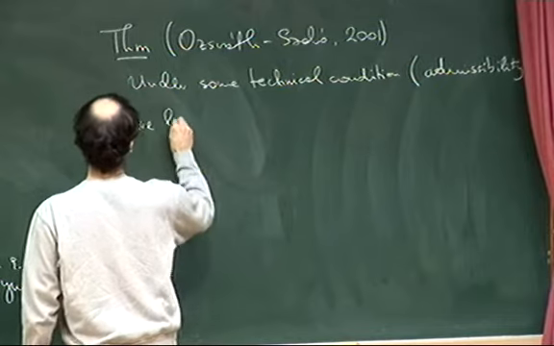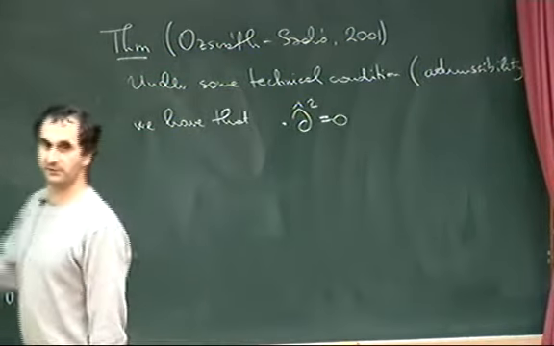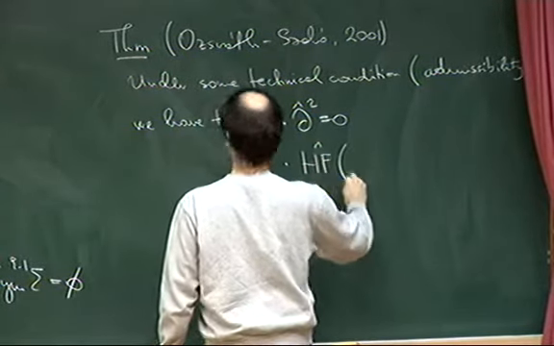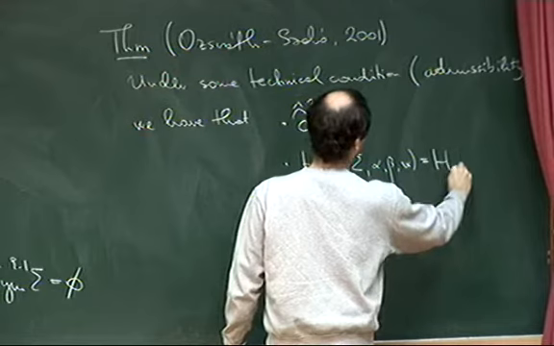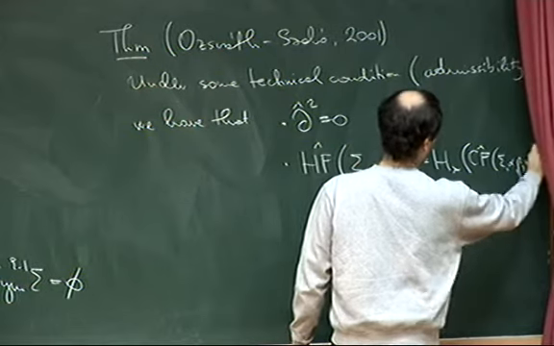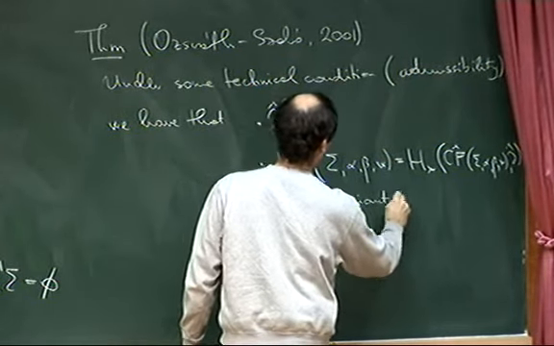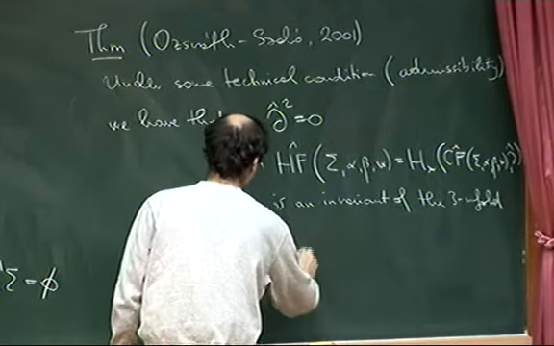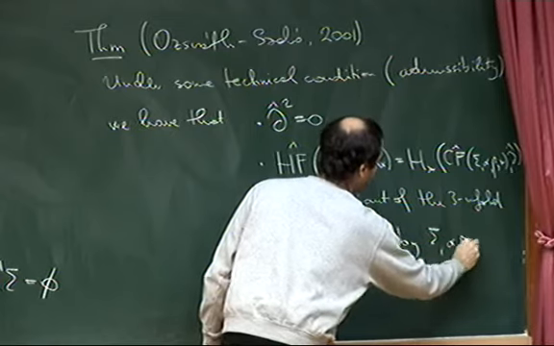We have that, first of all, the square of this boundary operator is 0, so we get a well-defined Floer homology theory, and HF hat of sigma, alpha, beta, W, which is just the homology of this chain complex, is an invariant of the 3-manifold Y determined by sigma, alpha, beta, W.